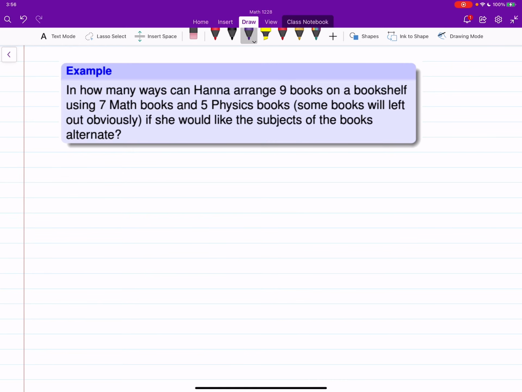Why does it matter here? Okay, so I can start with the first place, the second place, the third, fourth, fifth, sixth, seventh, eighth, and ninth.